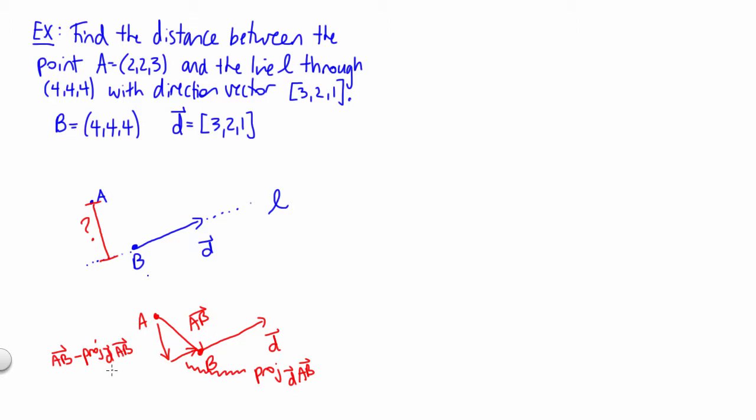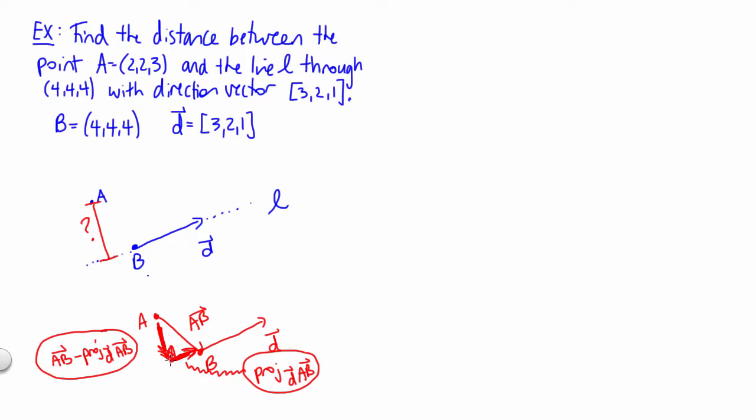So just as a double check that this is correct, let's confirm that if we add this vector here to this vector here, we should in fact be creating the vector AB. So yes, if we add the projection to AB minus the projection, we do in fact end up with AB. So that way we know that we've got all our signs correct here.